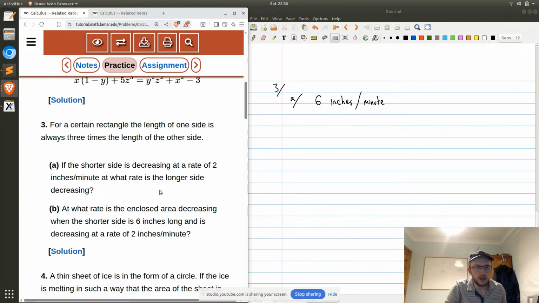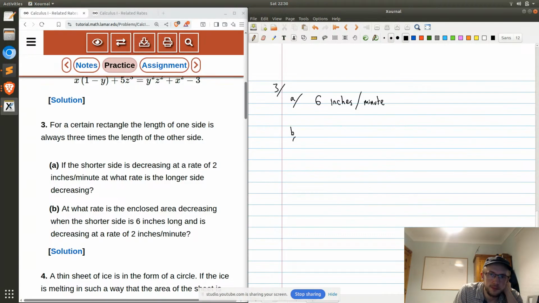Anyway, at what rate is the enclosed area decreasing when the shorter side is 6 inches long and is decreasing at a rate of 2 inches per minute? All right, let's just think about what we know.